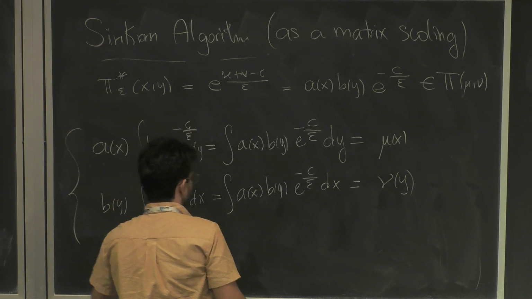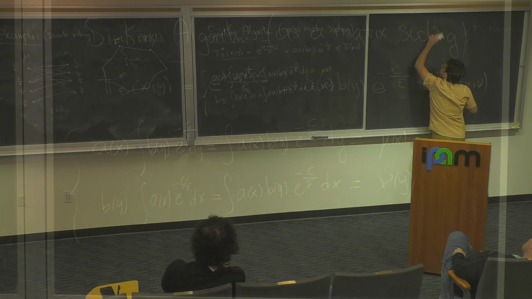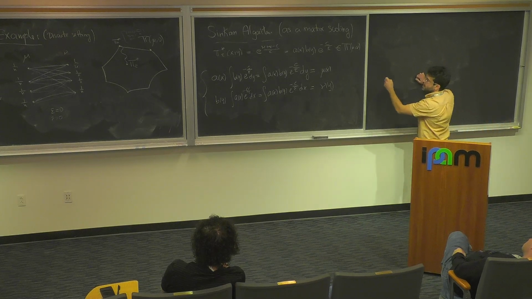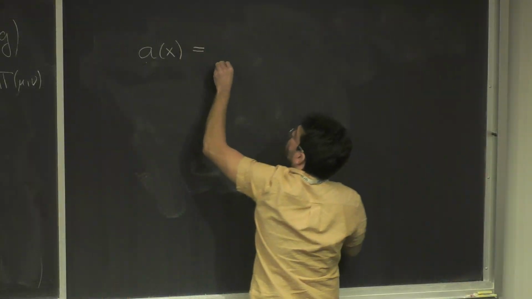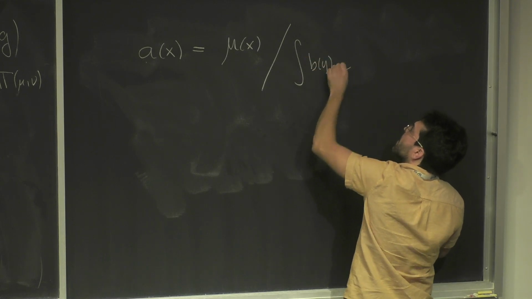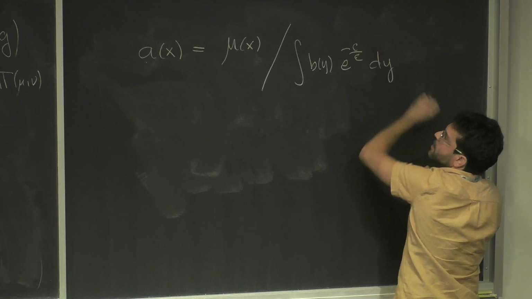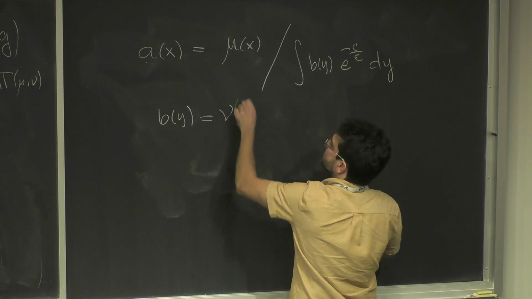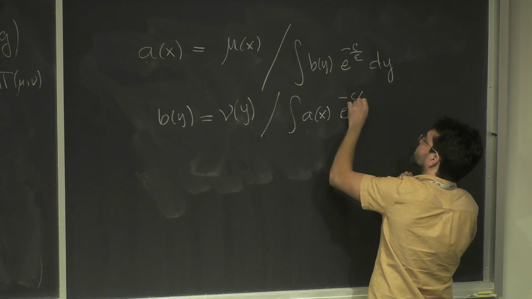If I use those two pieces of information, let me go back here, indeed, I'm following your advice to use this part. Explicitly, a of x is equal to mu of x divided by the integral of b of y, exponential of minus c divided by epsilon, dy, and b of y is given by the corresponding formula.